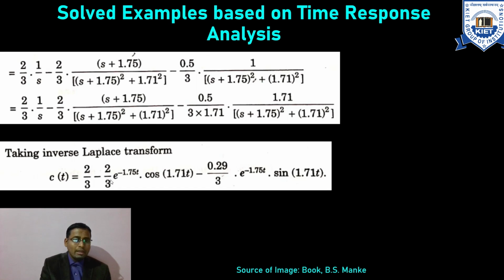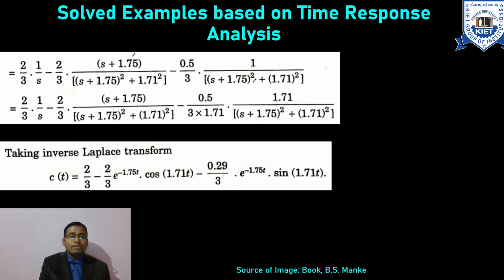Minus 2 by 3 is also available, so this is the term minus e raised to power minus at u(t) cos omega t. Here omega is 1.71, okay, a is 1.75. Again after simplification we will get minus 0.29 by 3, and after taking the inverse Laplace, we will get e raised to power minus at sin omega t.